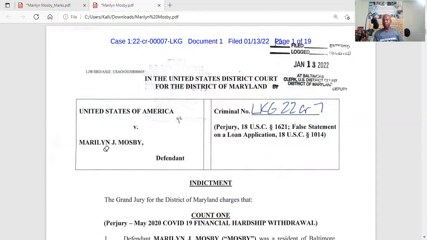We'll get into what I mean by so-called indictment, because I don't see any heading that says indictment. I know for some of you, you may think you see a heading that says indictment, but I'm going to show you that that's not what it says. Okay, so let's go ahead and get into it.